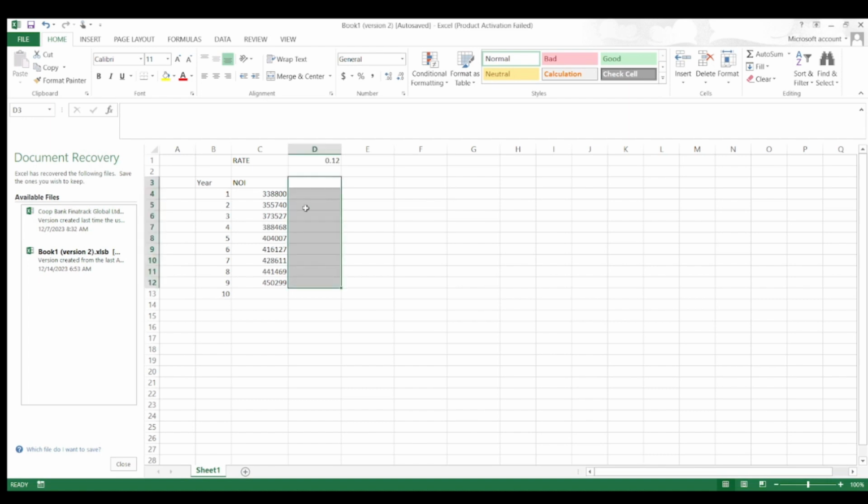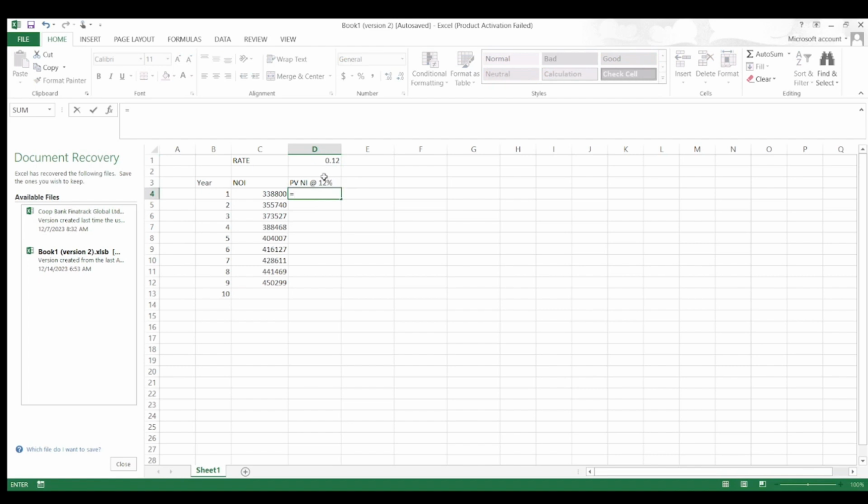So in Excel, since we have the net operating income, we can get the present value of the net operating income. And this is at 12%. So 12% is our nominal rate, which is already captured up here.